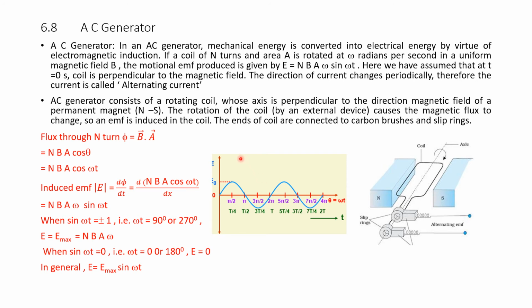It varies cyclically as a sine function of t. That means current or voltage varies as a function of sin omega t, and it is called a sine wave. Hence, AC voltages are generally sine waves.